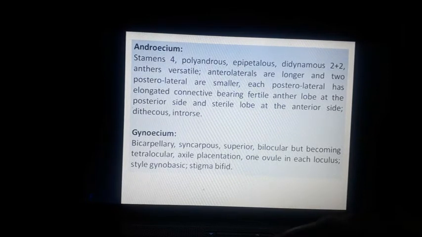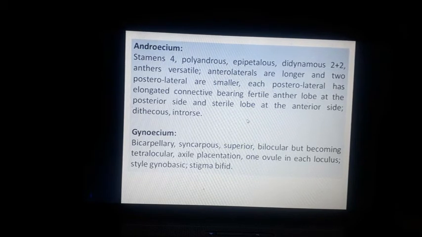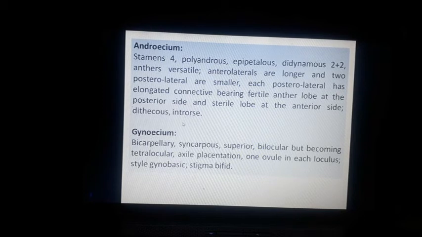Anterior laterals are longer and two posterior laterals are smaller. Each posterior lateral has an elongated connective bearing a fertile anther lobe at the posterior end and a sterile lobe at the anterior end. These are dithecous, means two lobes are present. Introrse means their dehiscence is on the inner side.